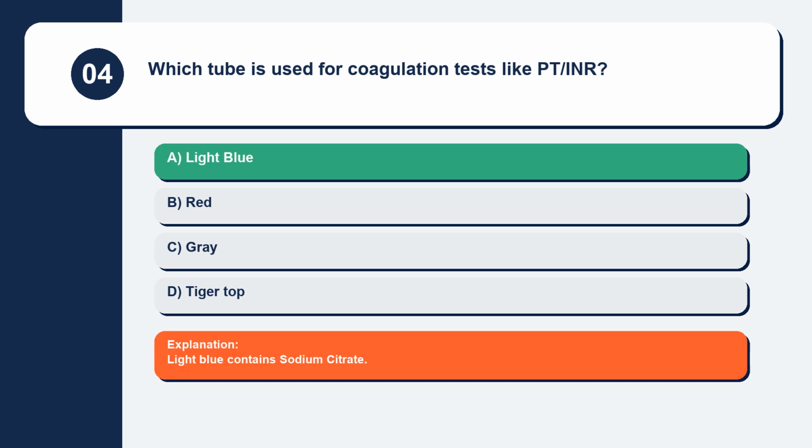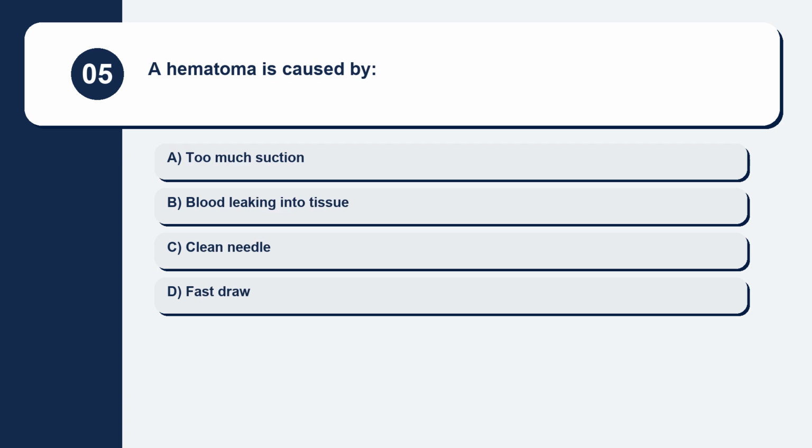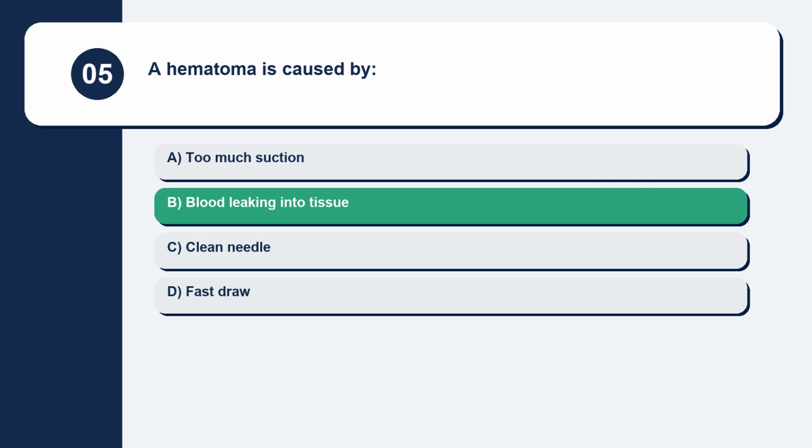Light blue contains sodium citrate. Question 5. A hematoma is caused by too much suction, blood leaking into tissue, clean needle, fast draw. Commonly known as a bruise.